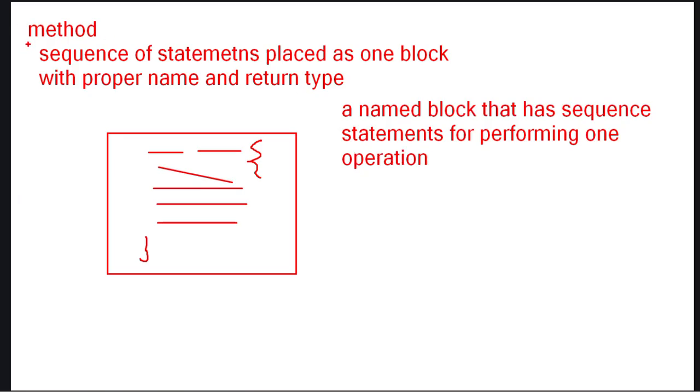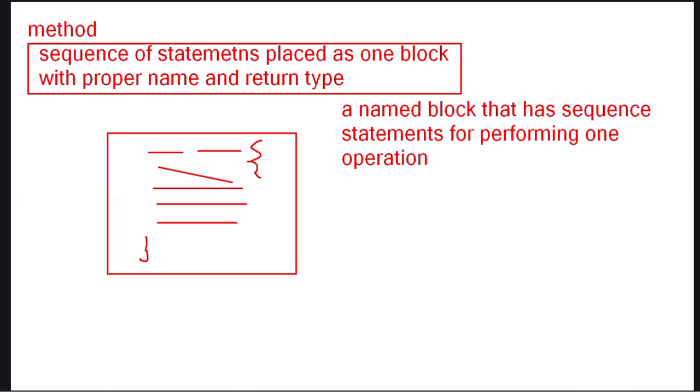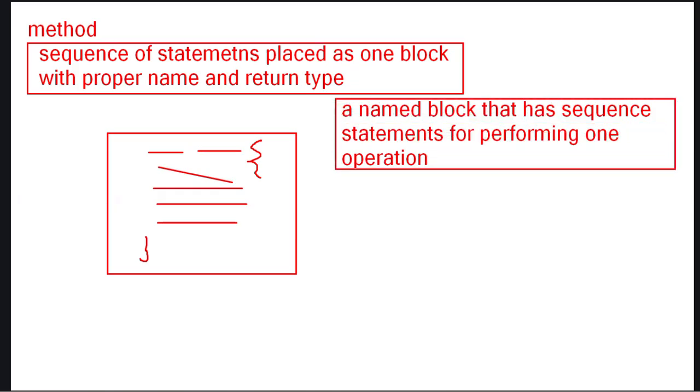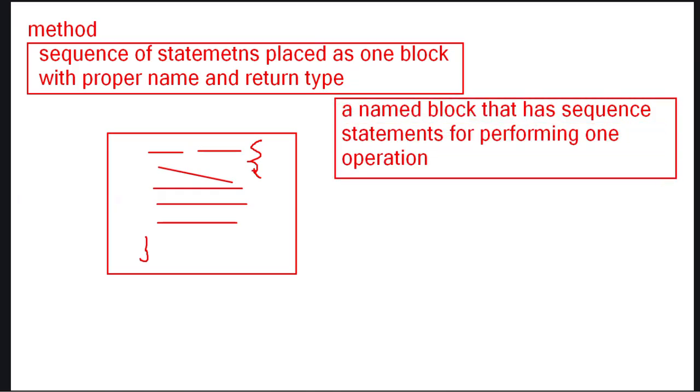So, what is a method? A sequence of statements placed as one block with a proper name and return type is a method. We can also call it a named block that has a sequence of statements for performing one operation. What is the operation? Addition operation, add. Printing operation, print. Find interest operation, find area operation.